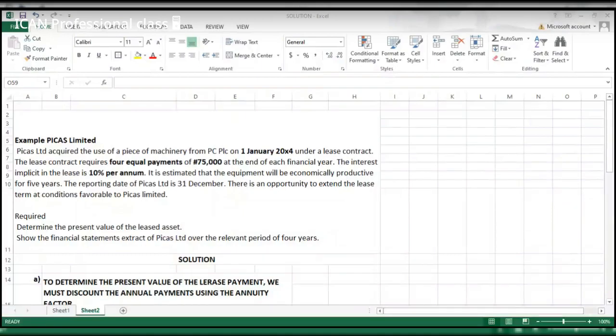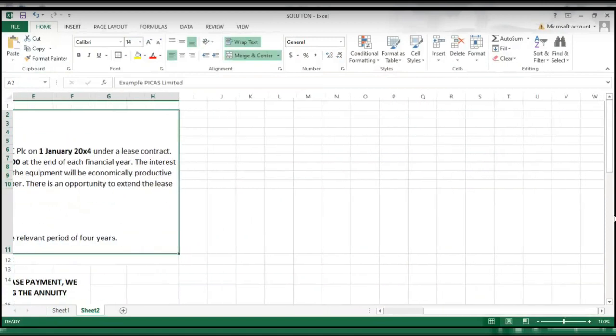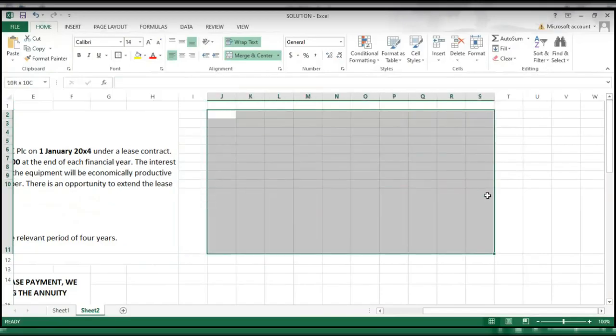So I want to copy the question here, and then we move on. I'll draw the question there now so that everybody can see. So we'll treat this example here as our example 2 this morning. So let me put the question here first.